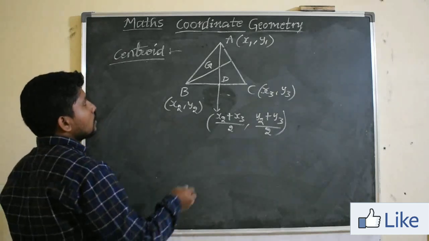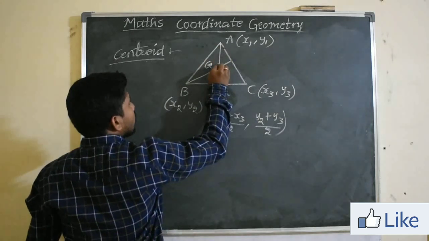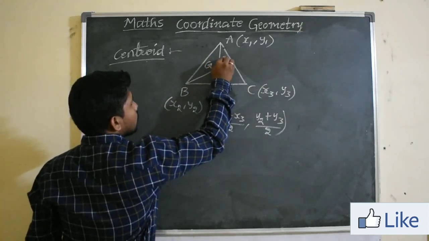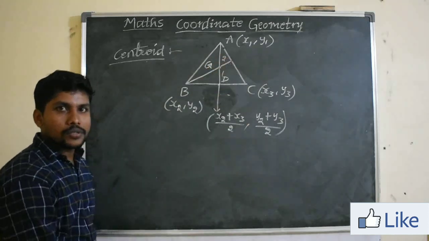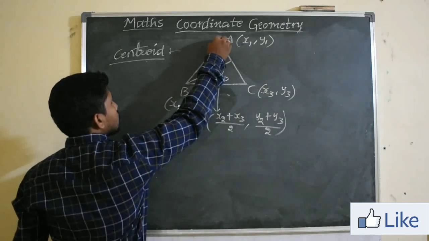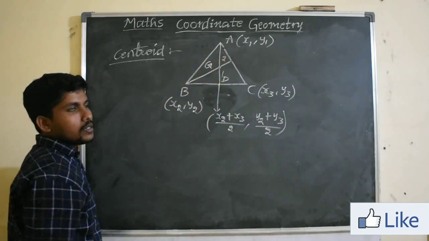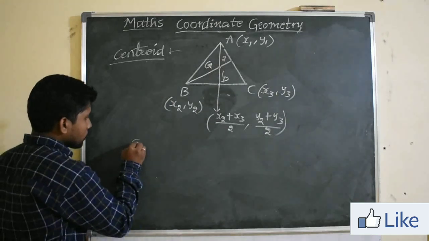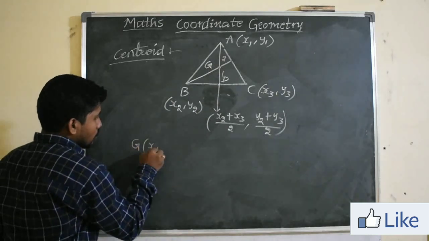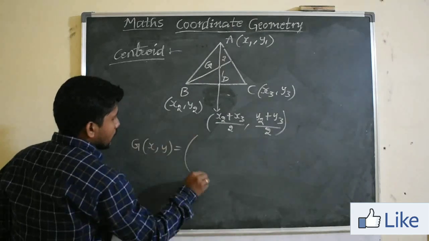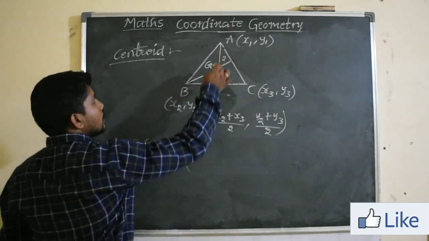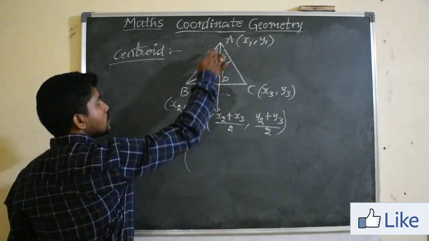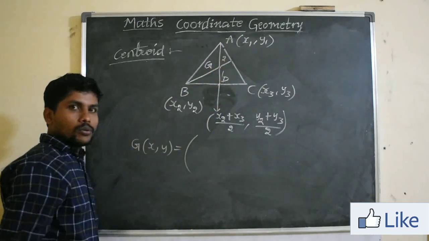Now we already know that this centroid will divide the median in the ratio 2:1. So using this ratio 2:1, we will find the coordinates of the centroid G. G coordinates will be, it is dividing this line segment A and D in the ratio 2:1.